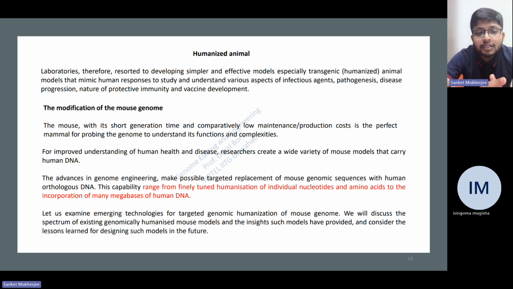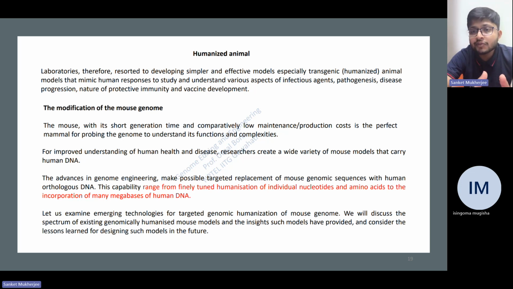For improved understanding of human health and disease, researchers create a wide variety of mouse models that carry human DNA. The advances in genome engineering make possible targeted replacement of mouse genomic sequences with human orthologous DNA. We call these homologs.